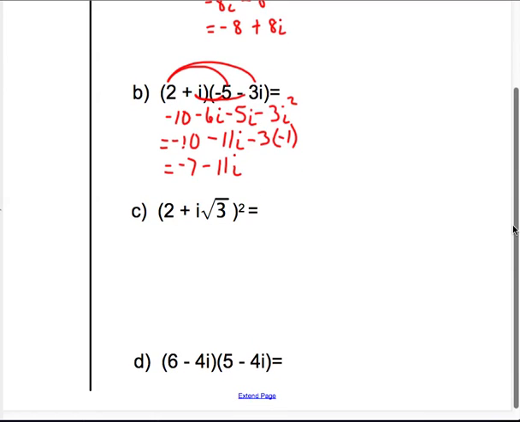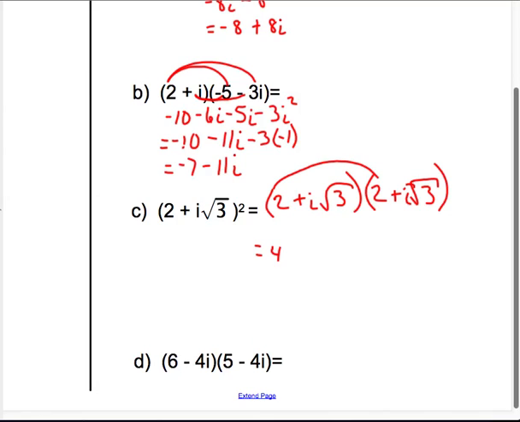For part C, we have distributive property again. The square means multiply it by itself. So we've got 2 plus i times the square root of 3, times 2 plus i times the square root of 3. Distributing, 2 times 2 is 4. 2 times i times the square root of 3 is 2i square root of 3.